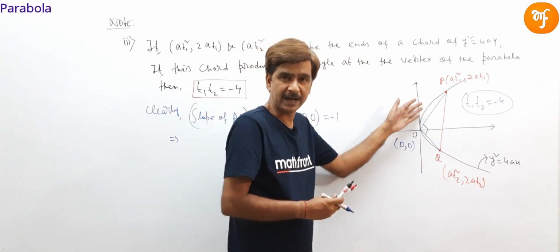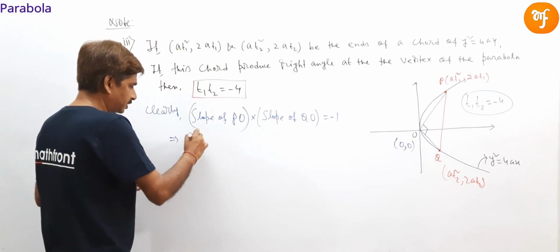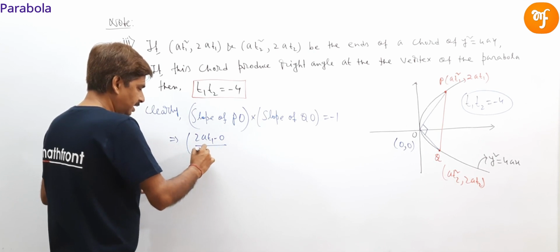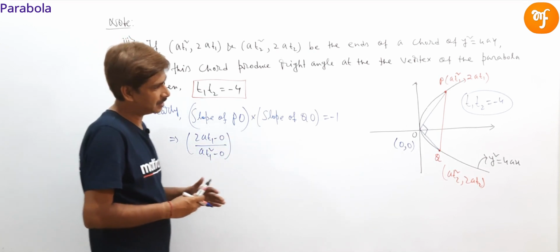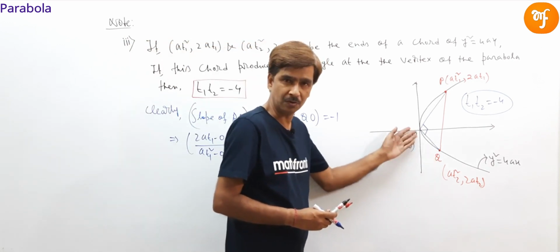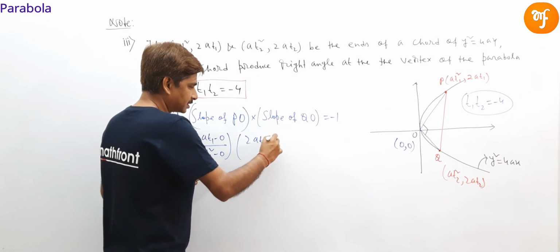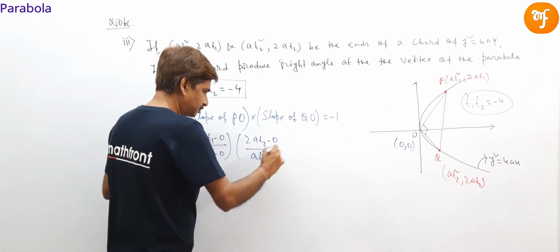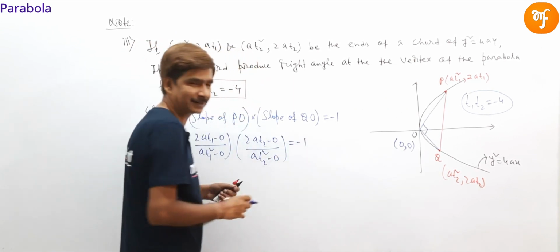So applying the formula of slope, we get the slope of PO is (2at1 minus 0) divided by (at1² minus 0). Similarly, the slope of QO can be written as (2at2 minus 0) divided by (at2² minus 0). Okay. And this product becomes minus 1.